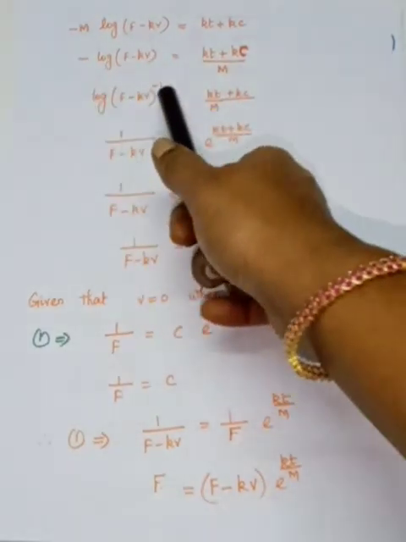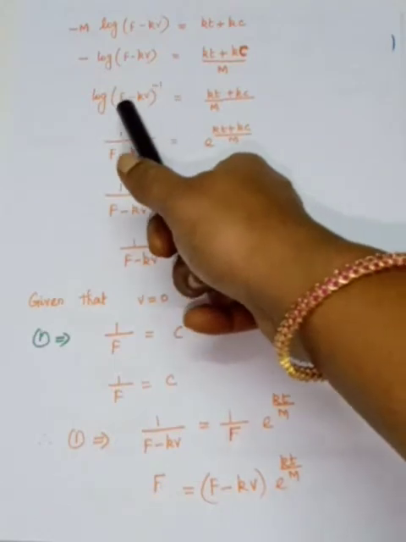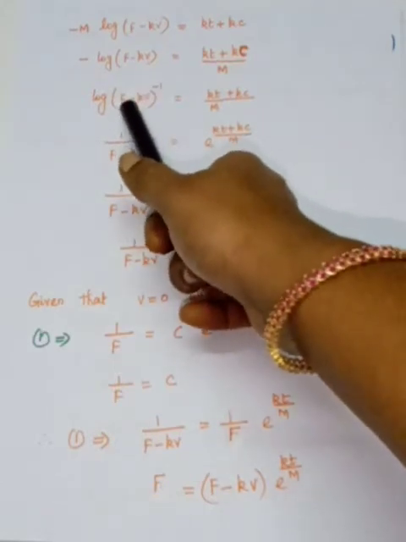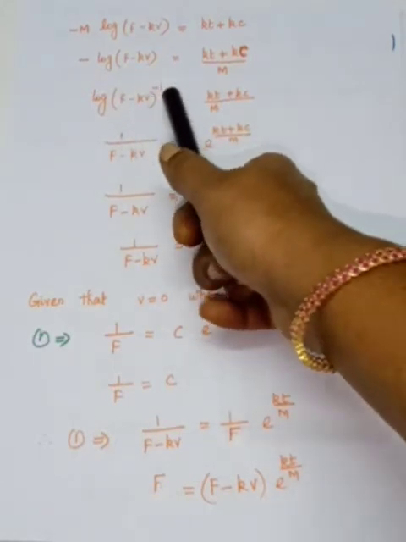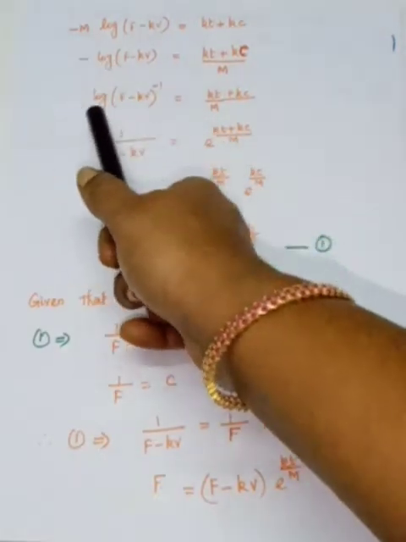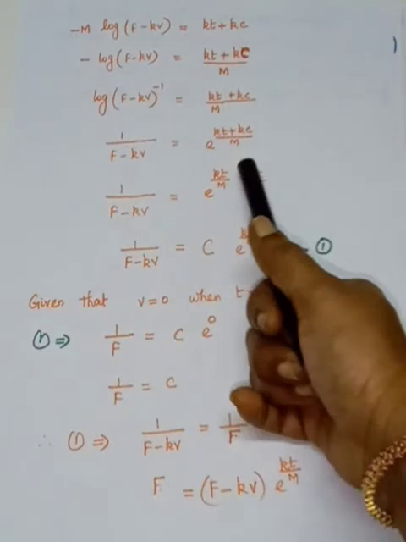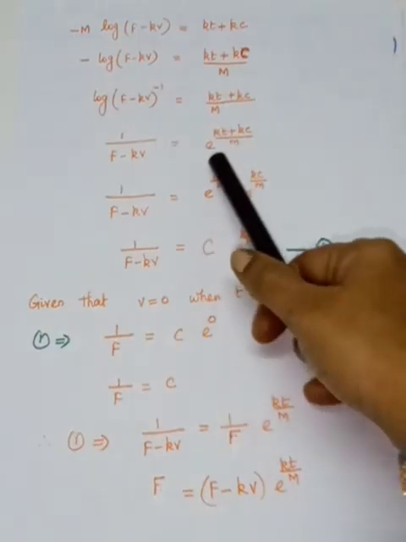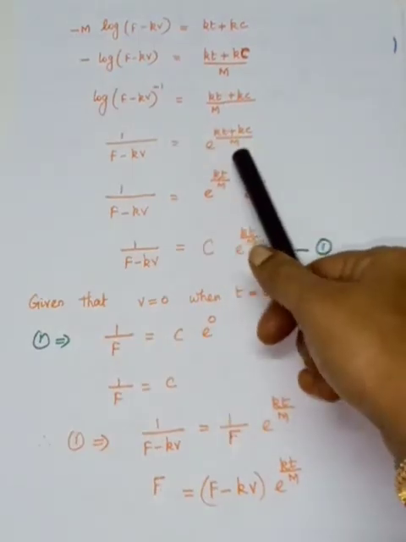So this can be written as, you see now, F minus kv the whole power minus 1 can be written as 1 by F minus kv. But this log, when you take it to the next side, will come as an exponential function. So e power kt plus kc by m.